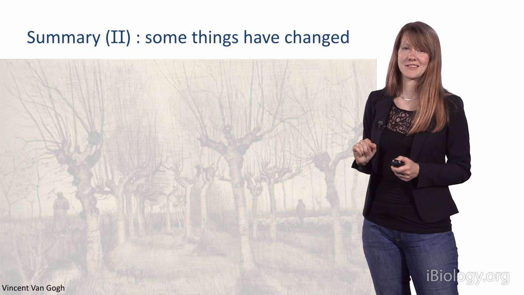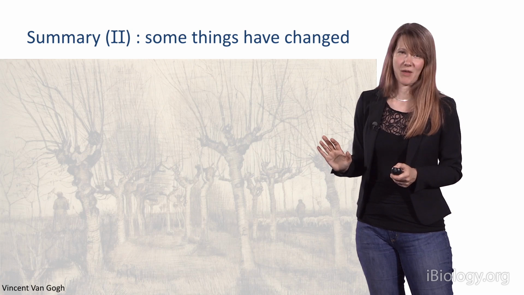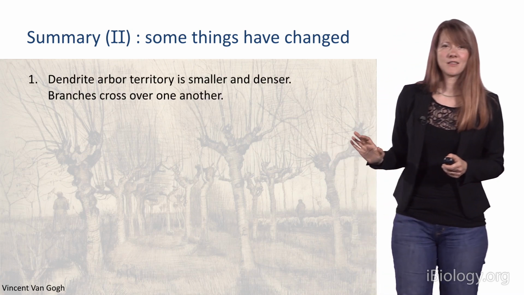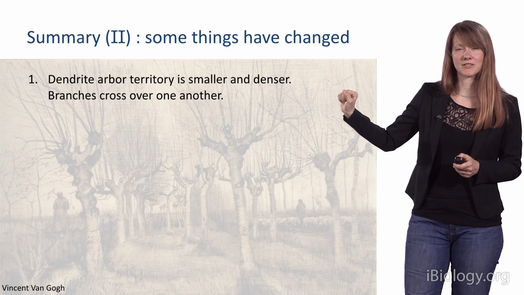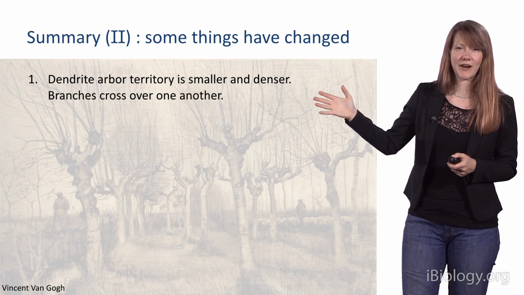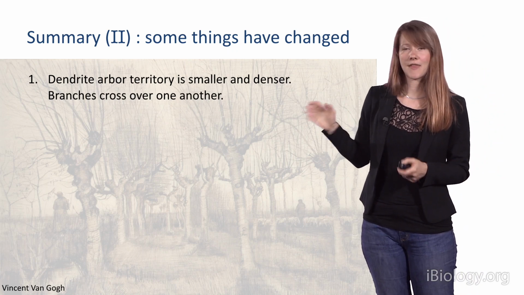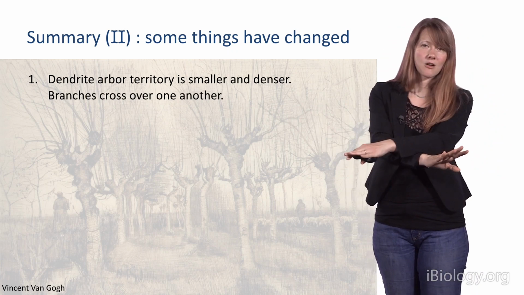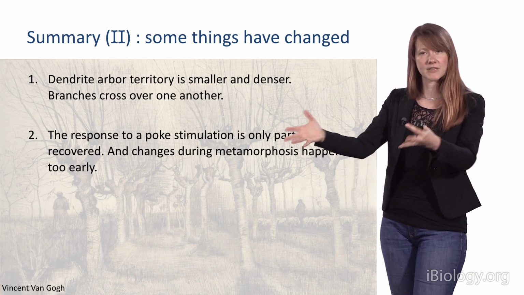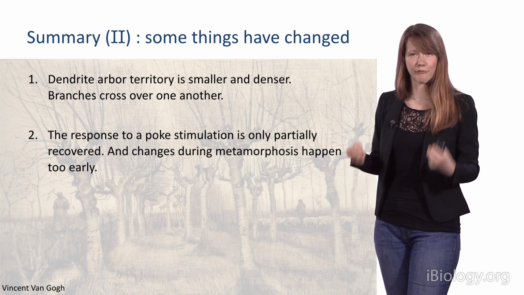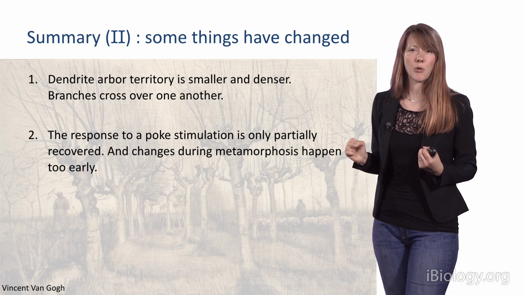Okay, so you can't go home again. After injury, there are some things that you're not going to get back. The dendrite arbor is smaller, which, given the fact that we have the same number of branches, gives us a denser dendrite arbor, and those dendrite branches cross over one another. In terms of the neuron's ability to receive information, which is the function of those dendrites, it's recovered that ability, but only partially.